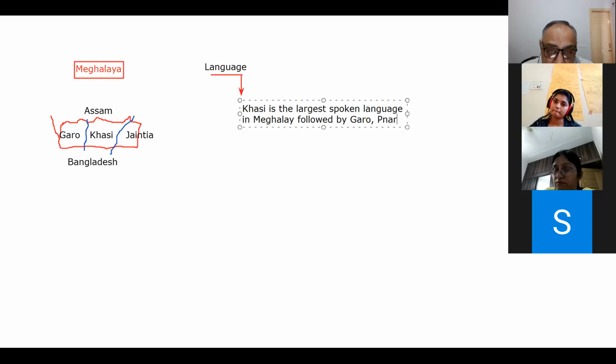So these are some of the largest spoken languages in this state, right? Khasi, Garo, Pnar. So beta, now tell me which among these three languages is in the 8th Schedule of the Constitution?